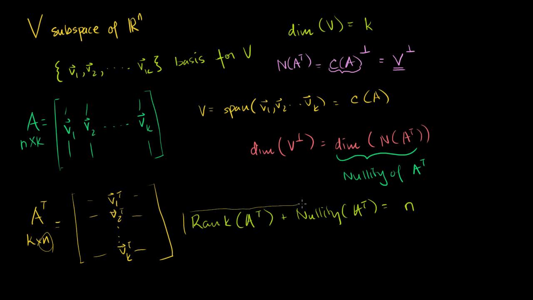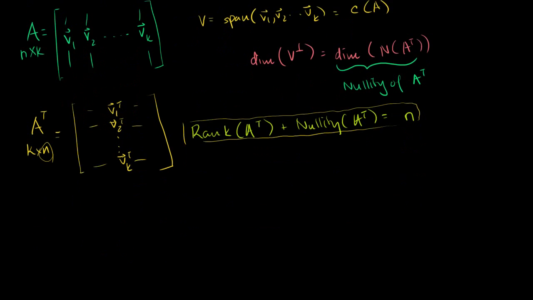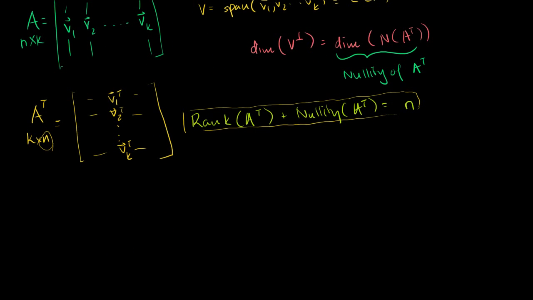And if you want just a bit of a reminder of where that comes from, let me take some other vector b, because I want to just remind you why this made sense.